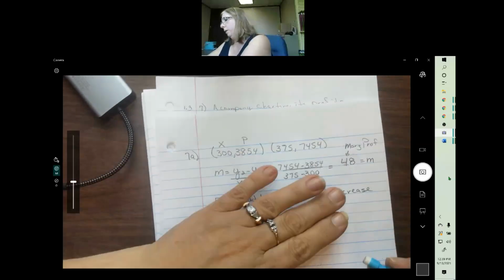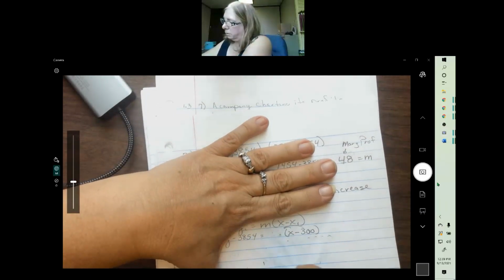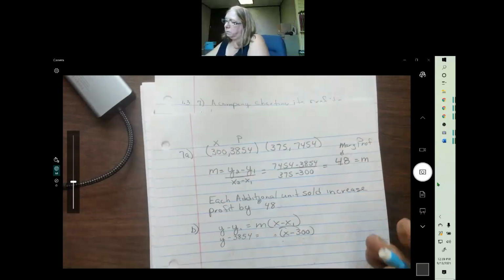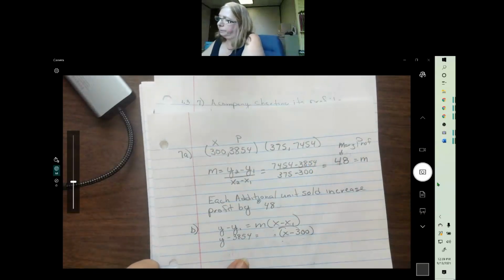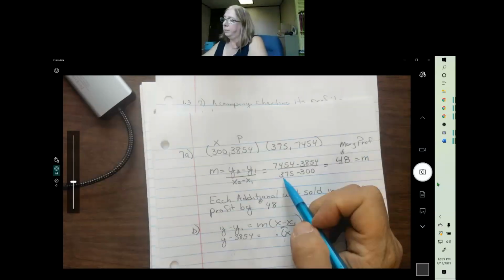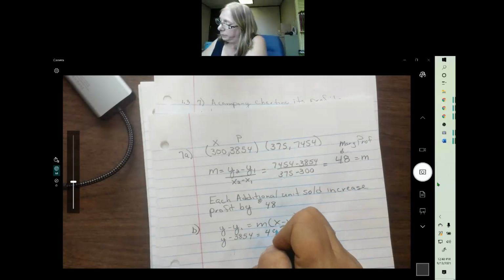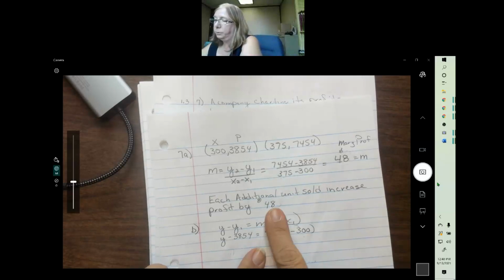This is why you always use pencil in math. Okay, is everyone else getting 48? I don't know what I did. I bet you I divided by 375. Okay. Sorry about that. So the 48, this will change to 48, and this will change to 48.